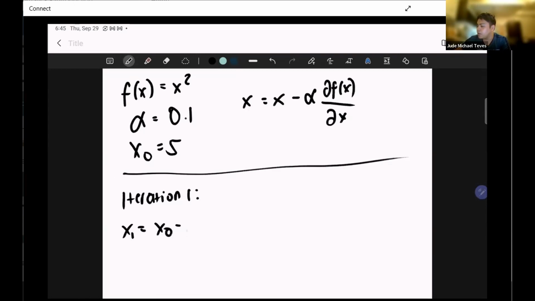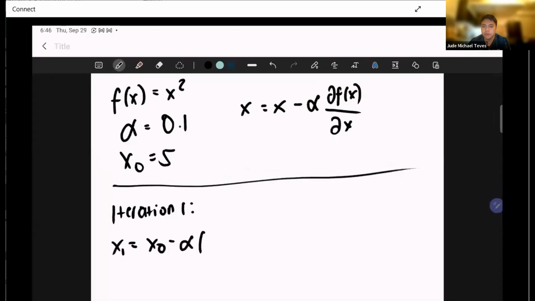And then the learning rate, let's just use variables right now. What's the derivative of the function here? Very easy, but I want to hear it from you guys. What's the derivative? It's 2x, right?